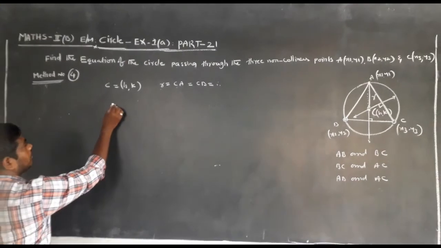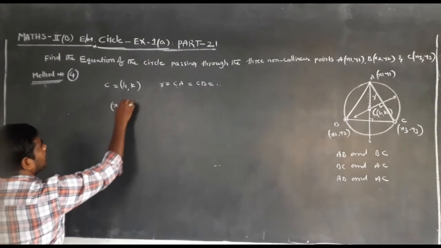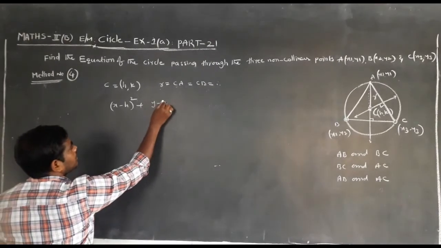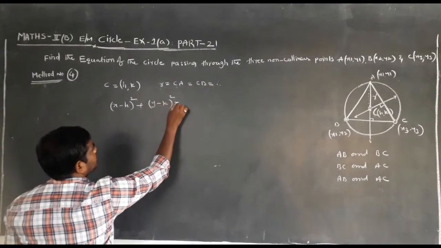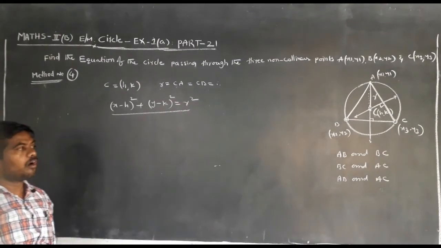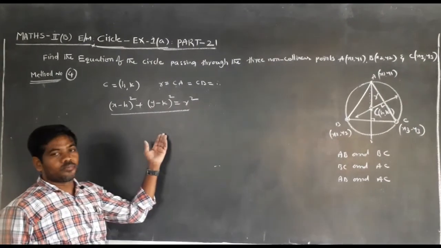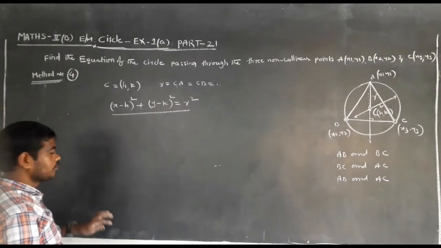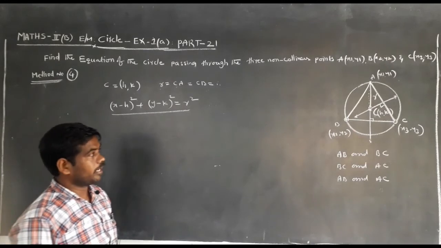I find the equation of the circle with center (h, k) and radius r: (x - h)² + (y - k)² = r². This is the fourth method for finding the equation of the circle passing through the three non-collinear points.